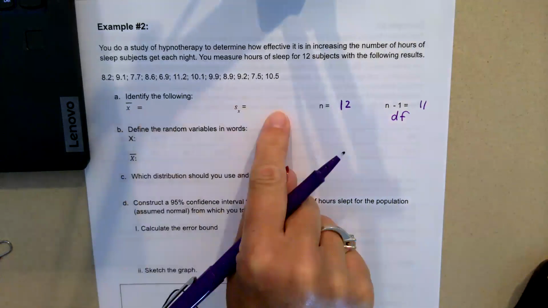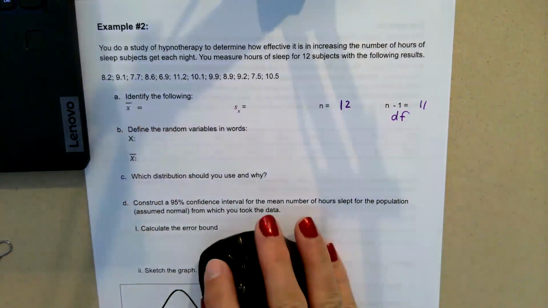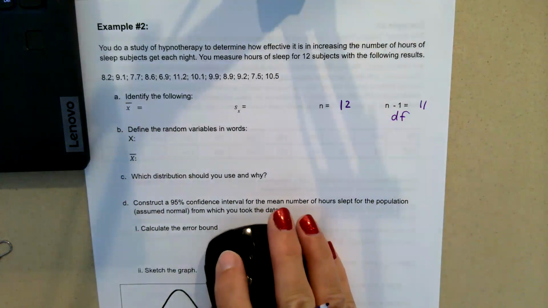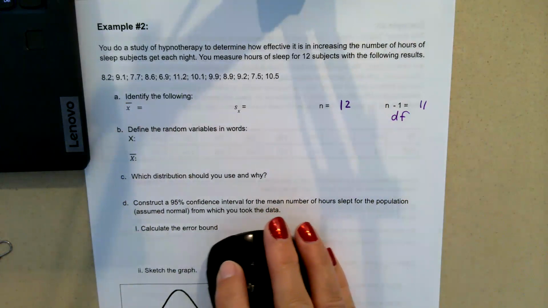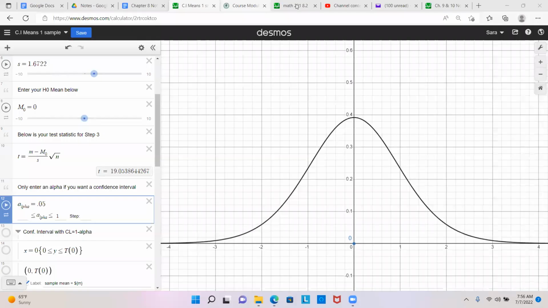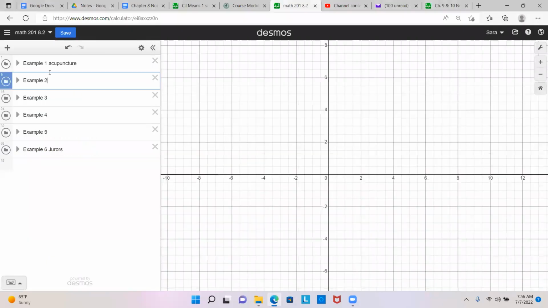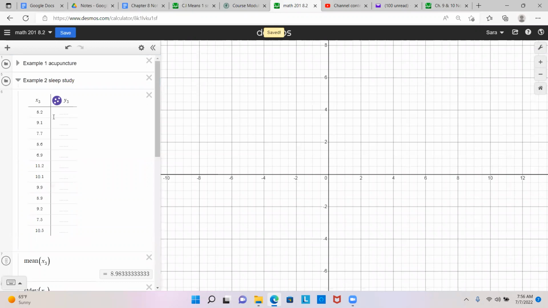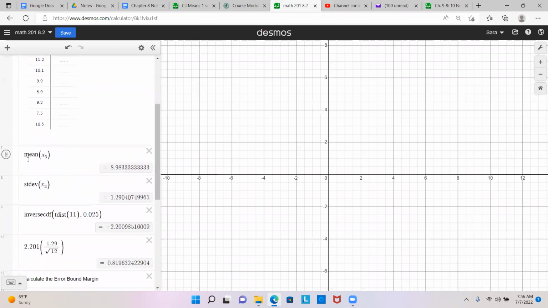We need to find the mean and the standard deviation. There's our data, and we found the mean to be 8.98. I'm going to write that on my paper. And the standard deviation of our sample is 1.29.